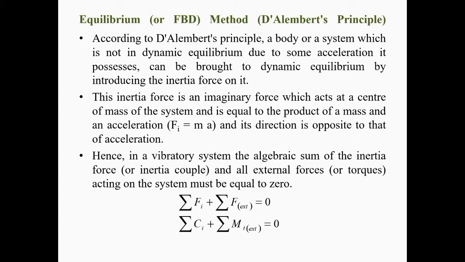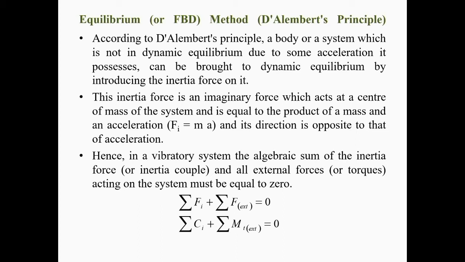Now we need to understand what inertia force and inertia couple are. Inertia force is an imaginary force which acts at the center of mass of the system, and its magnitude is equal to the product of its mass and acceleration, and its direction is opposite to that of the acceleration.